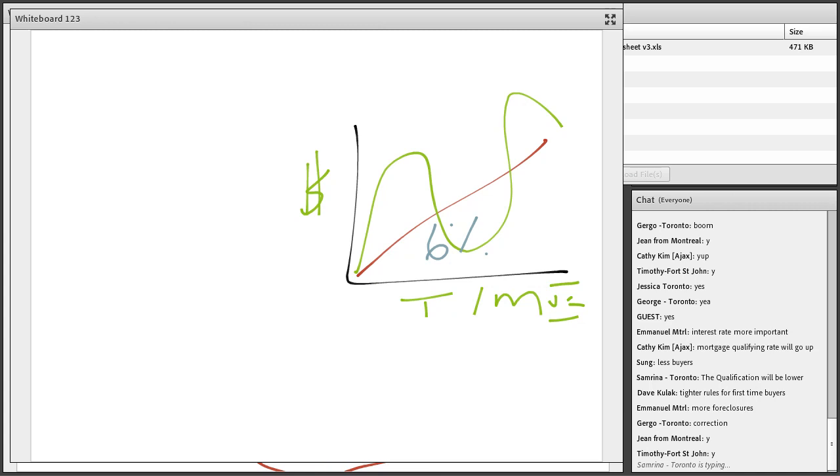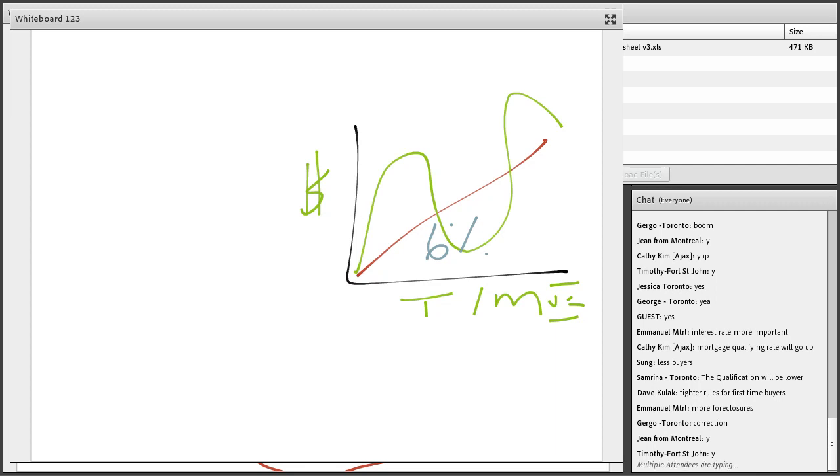Now, if that appreciation line is like that, do we all understand why the market goes up and down? We sort of talked about it in the previous slide. Why? Can anybody tell me what the main reason is that it goes up by 6%?